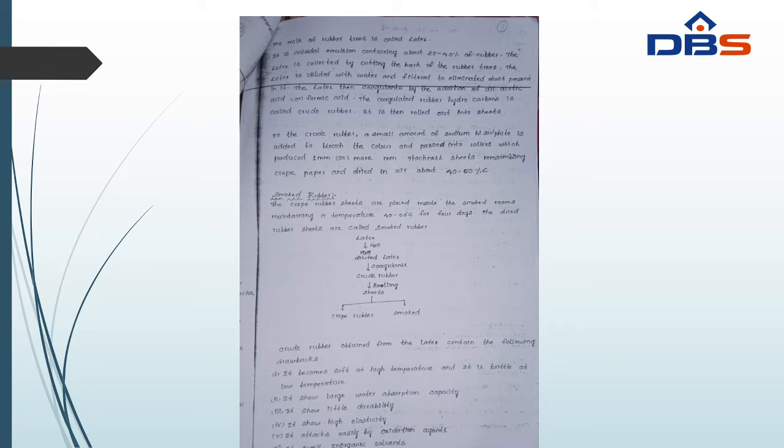A small amount of sodium bisulfite is added to bleach the color, and it passes through rollers which produce sheets of 1 mm or more thickness, resembling crepe paper, dried in air at about 40 to 60 degrees centigrade. That is called crepe rubber.